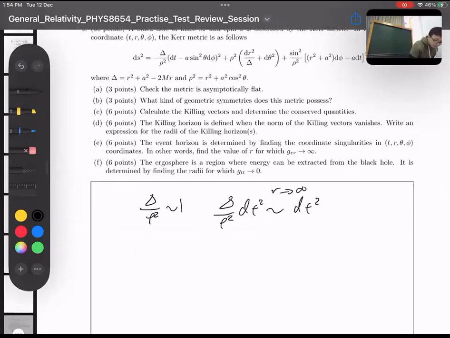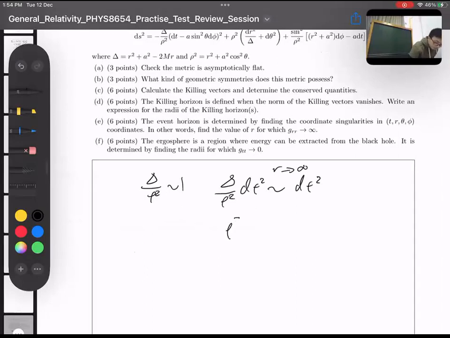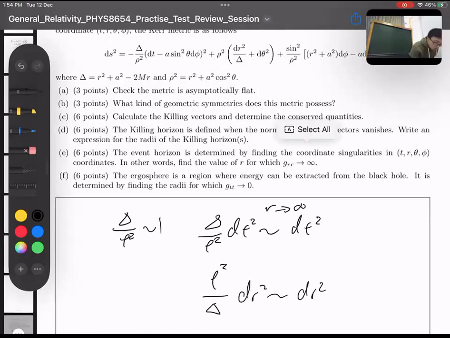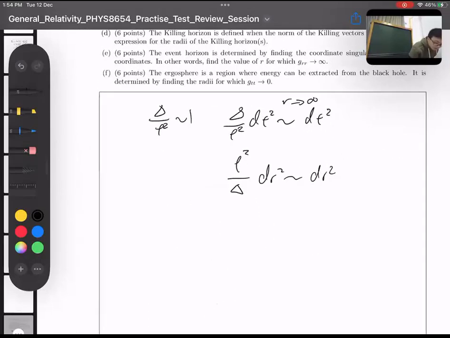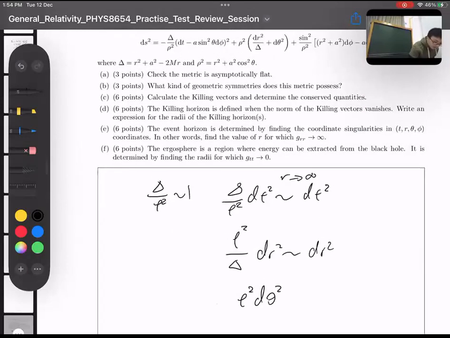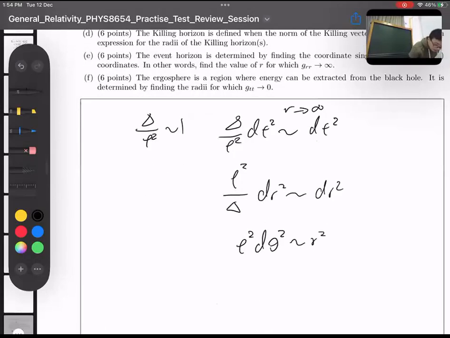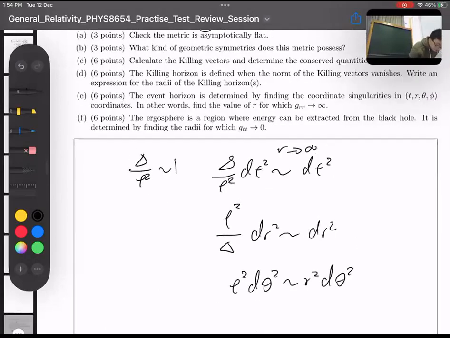And then here, rho squared over delta times dr squared also preserves dr squared, because these two have r squared in the numerator and denominator. But the problem here is we have another term, rho squared d theta squared, and in the asymptotic limit this r squared term dominates. So it would be r squared d theta squared.